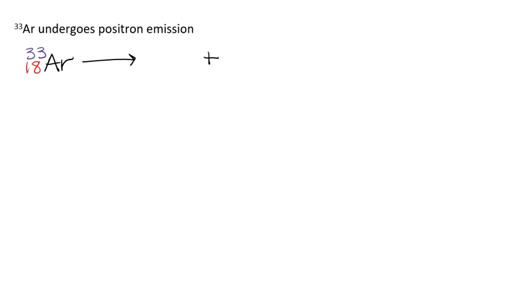A positron is the antimatter for a beta particle, so it looks really similar. It has a mass of 0, but the opposite charge. So the charge is +1. The symbol is the same. The only difference is the charge.